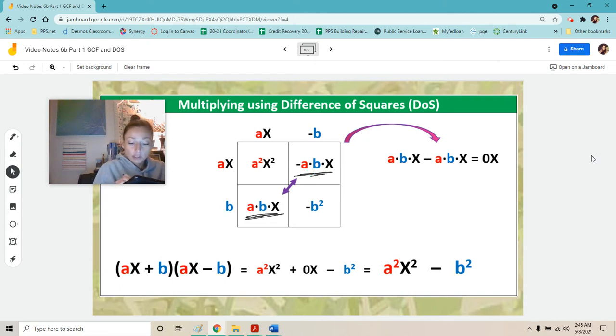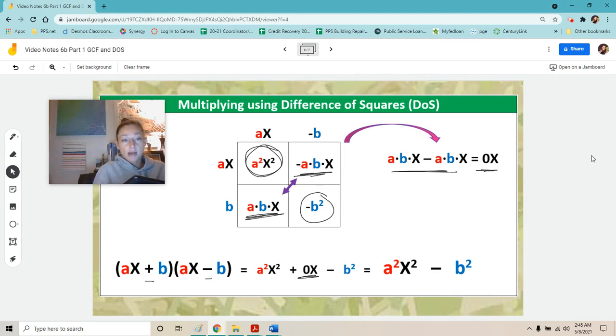Those terms will cancel out to make 0, and you're just left with the first number times itself, minus, because there's a plus and a minus, the last number times itself.